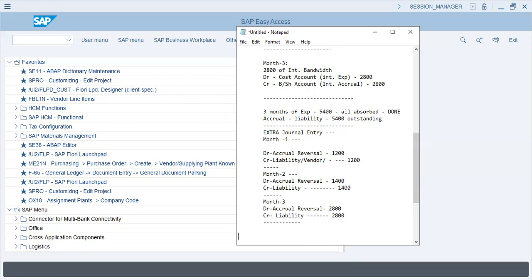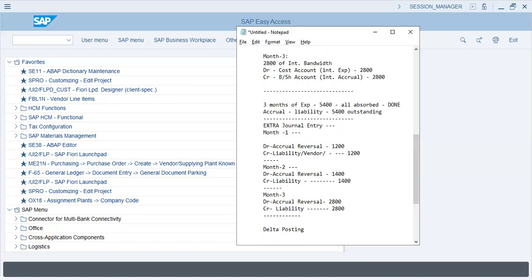There is another way also, which is called delta posting, interim posting, delta posting. Okay. It's the same way where debit expense account, rather there is another way.